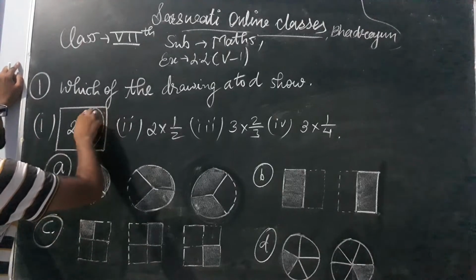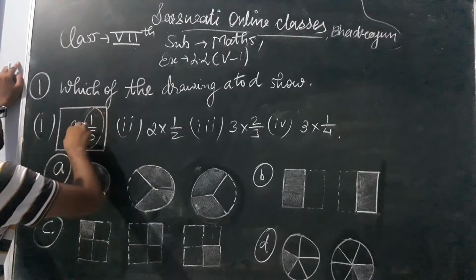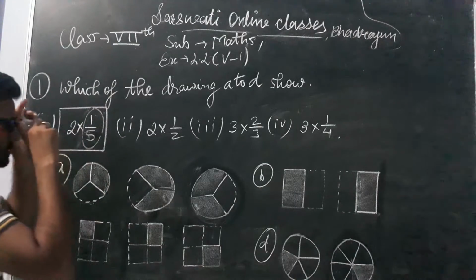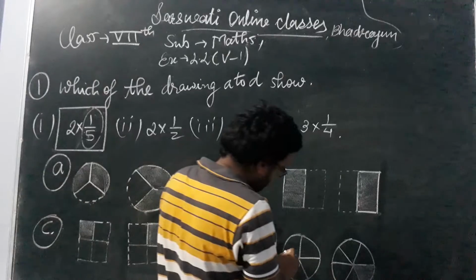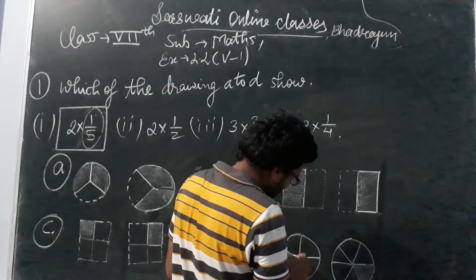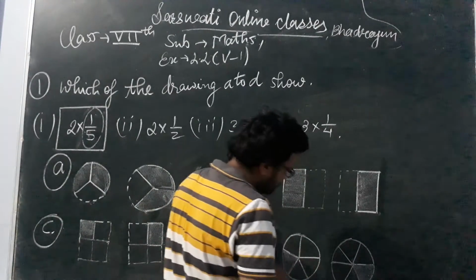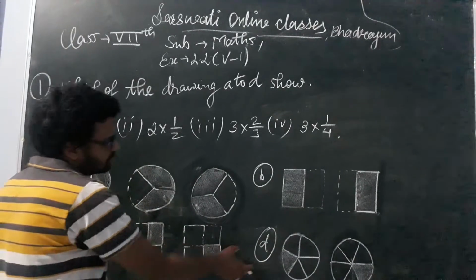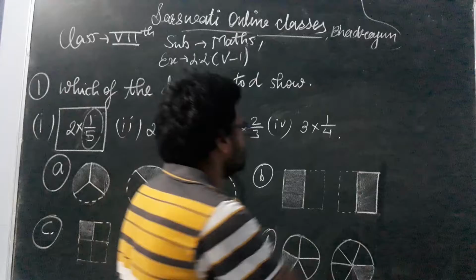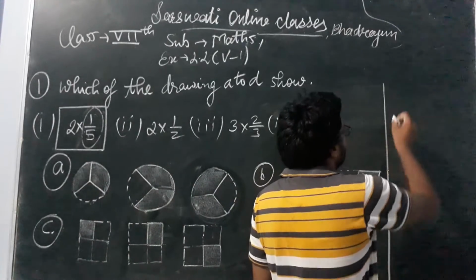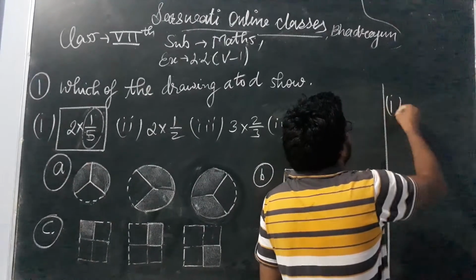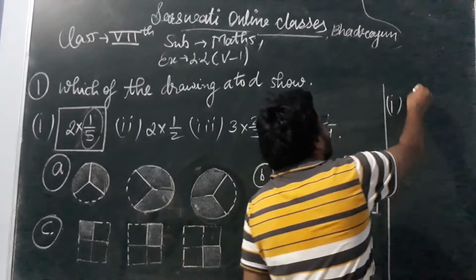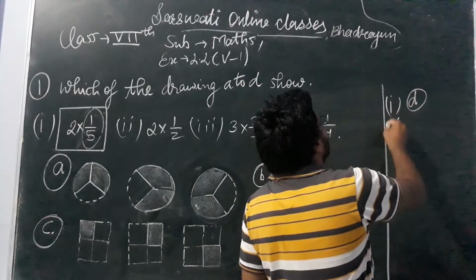So in this, our first one is showing a matching with our D. Okay, I am just going to write answers over here. First one is matched with our D part. So now we'll go for our second one.